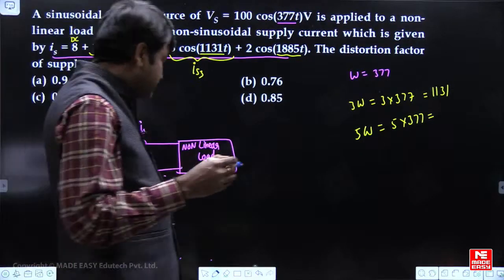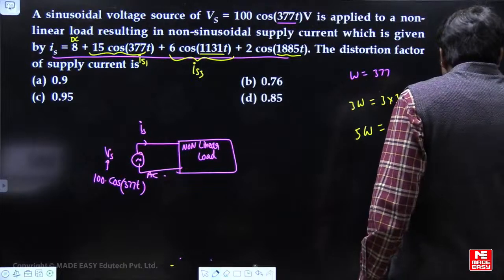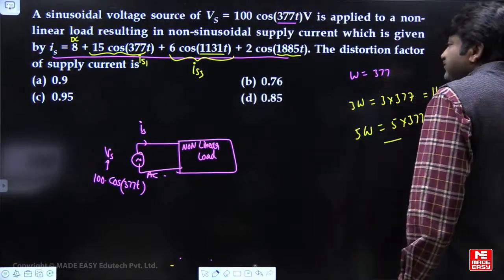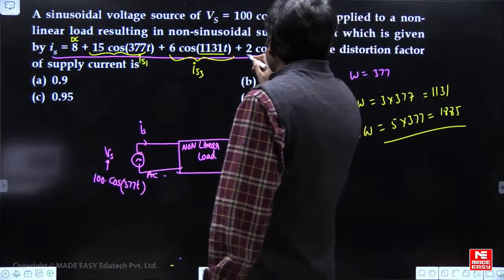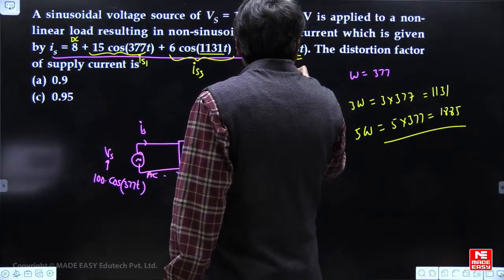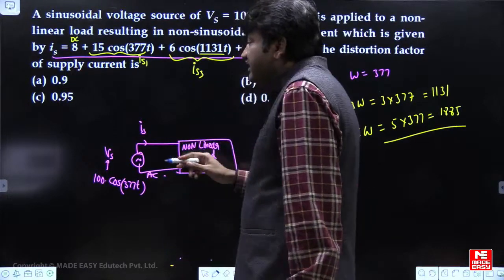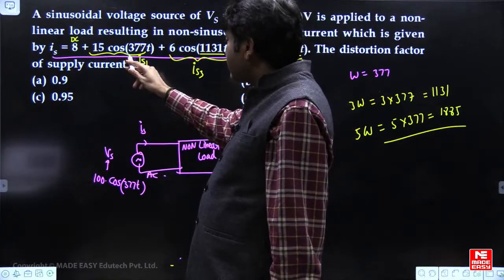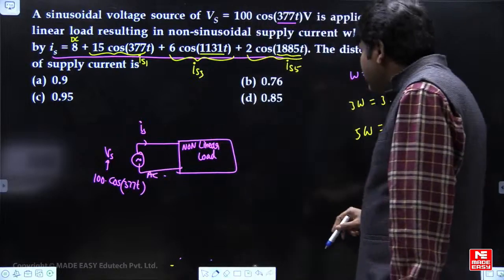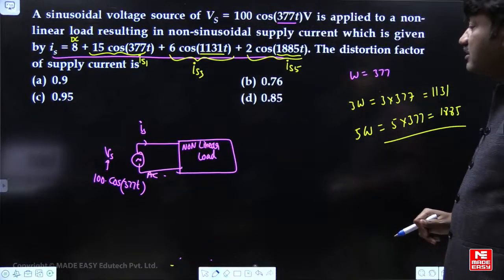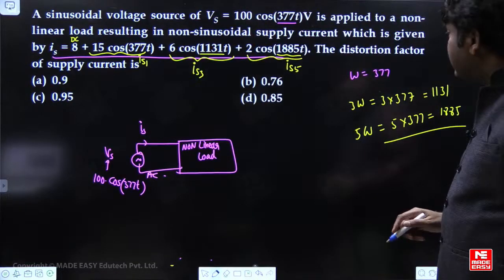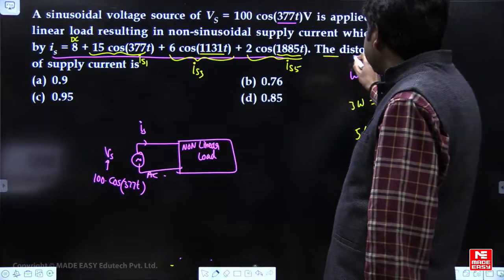Yes, this is the fifth harmonic component. So we are having DC component, fundamental component, third harmonic component and fifth harmonic component. I want to find out the distortion factor for the supply current.